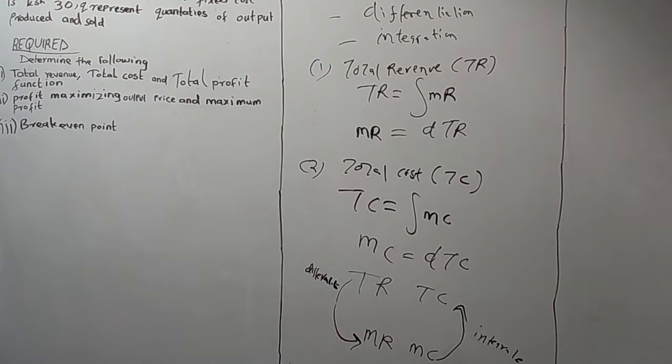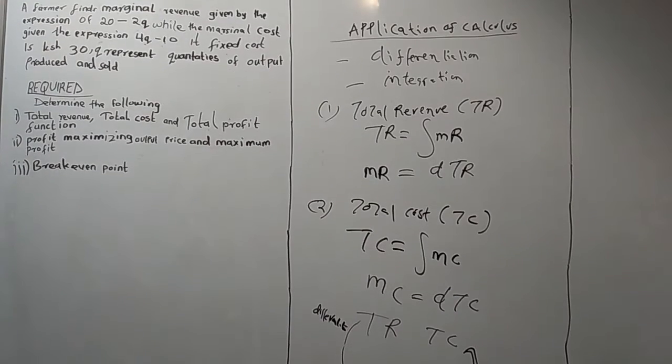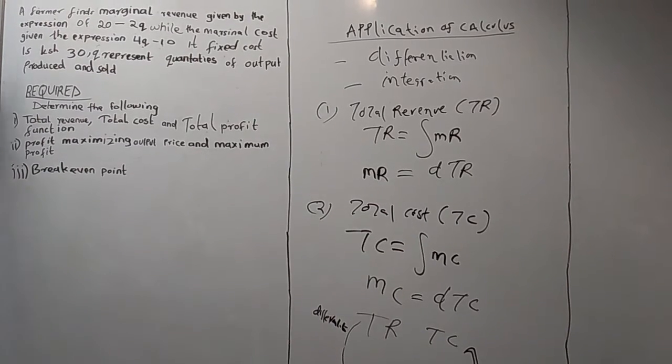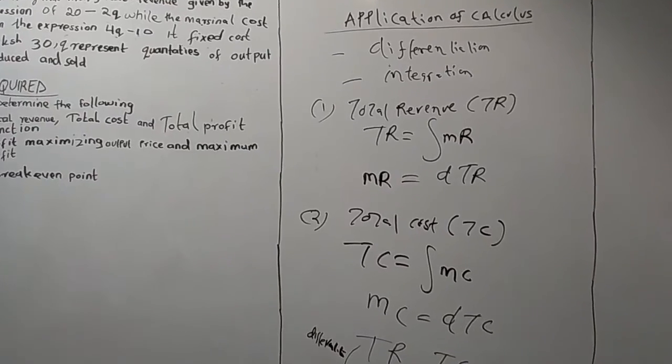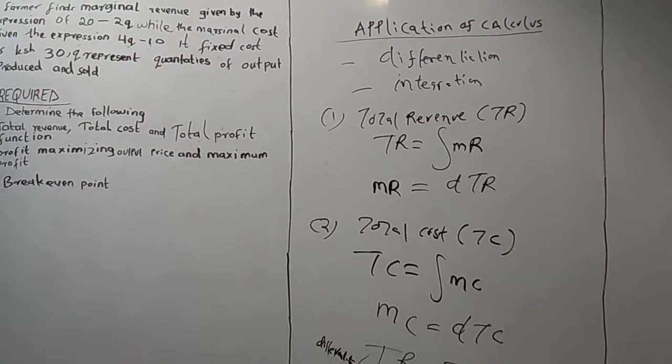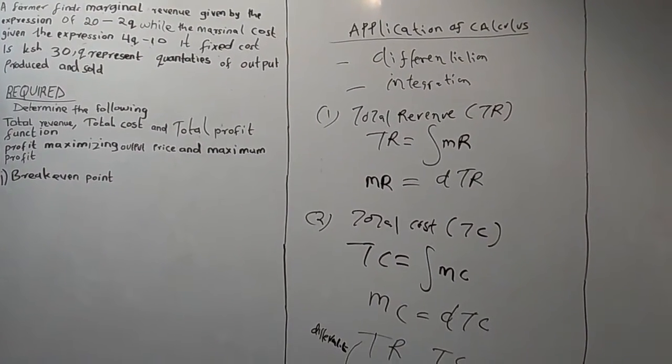A farmer finds marginal revenue given by the expression 20 minus 2Q, while the marginal cost is given by the expression 4Q minus 10.